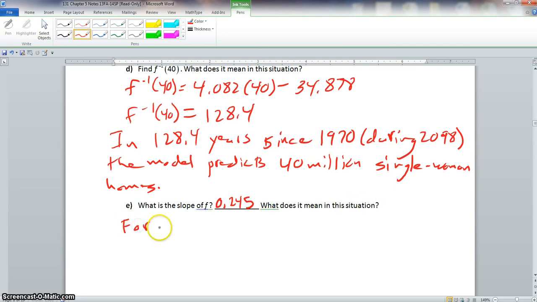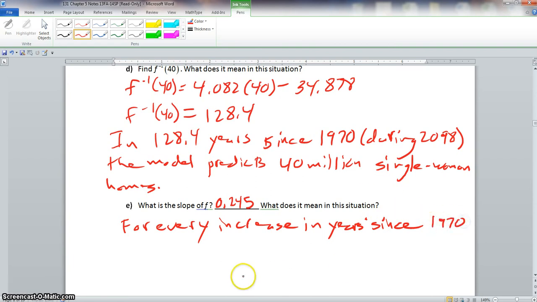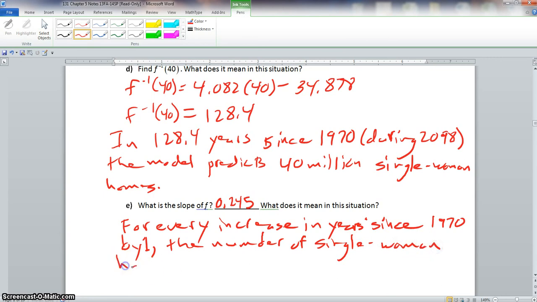So, for every increase in years since 1970 by 1, we have to do it by 1 year, the number of single woman households goes up by 0.245 million.